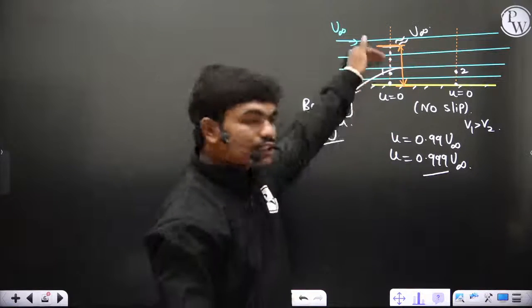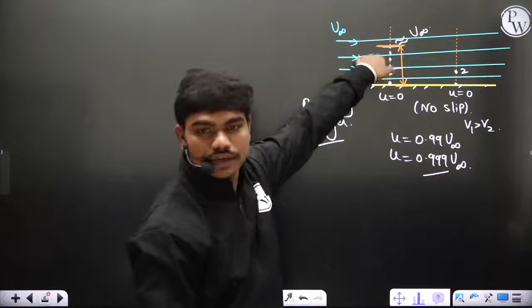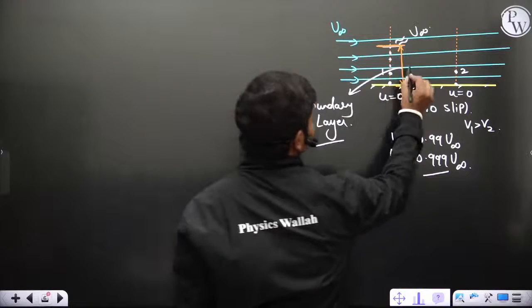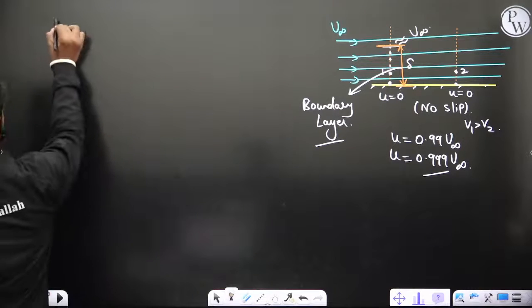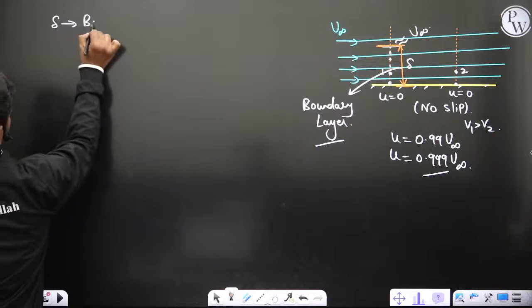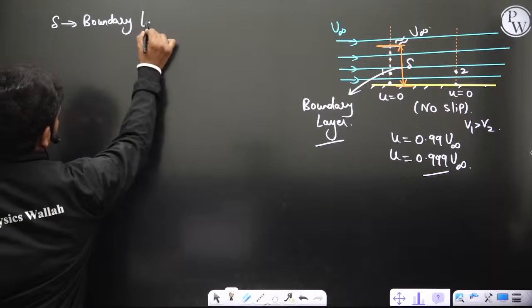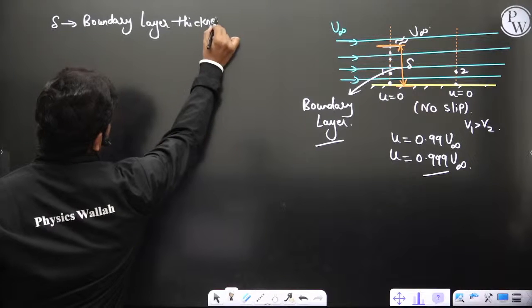The boundary is pretty close to these layers and can transfer its effect very effectively within this region. That's called the boundary layer, and the thickness of this layer is called the boundary layer thickness, normally denoted by delta.